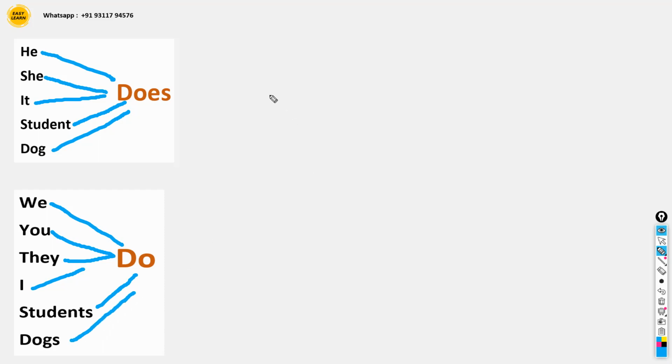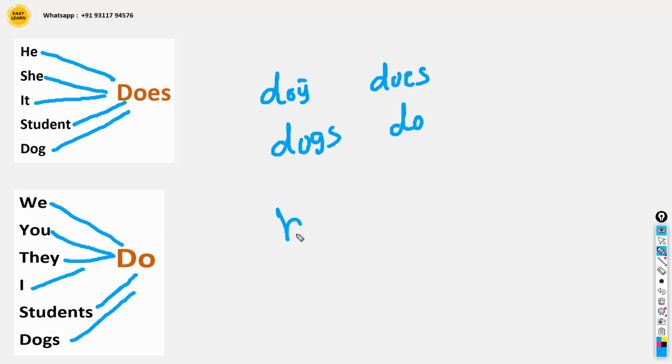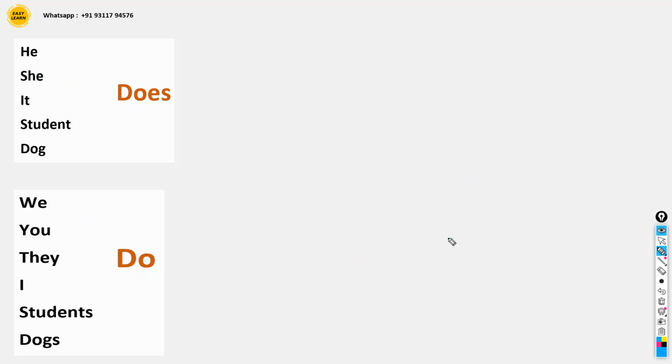Simple guys. If I say dog, it's singular, dog does. If we say dogs, it's plural, dogs do. Clear? If we say boy, boy is singular, boy does. If we say boys, plural, boys do. Clear? So this is how we use do and does.